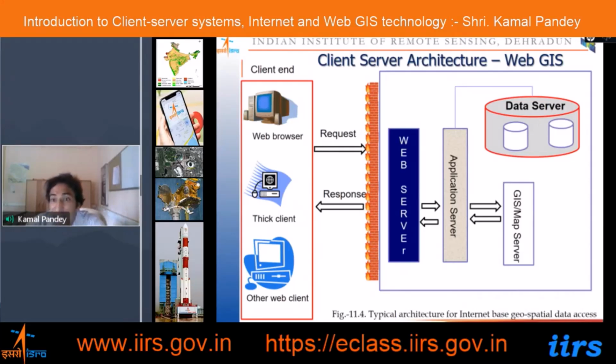So we have a dedicated database management system. Now my GIS server or map server can interact with that data repository, fetch the data from there, process it, and give it back to the client. So this is one typical example of your WebGIS.